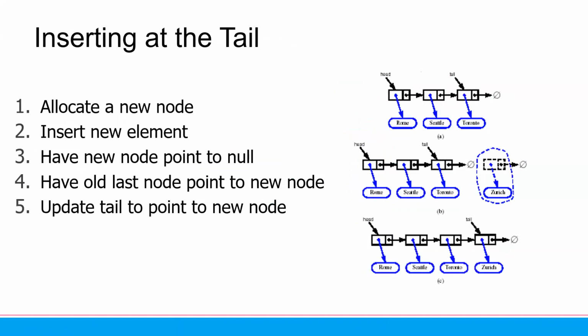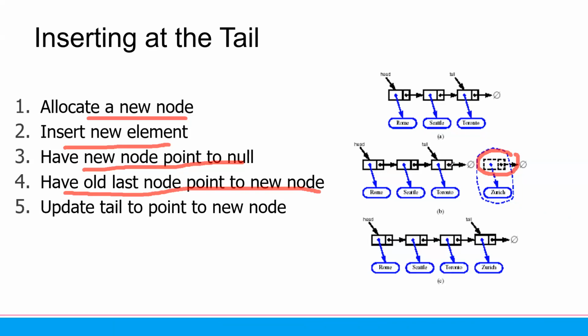How if we want to insert at the tail? Yeah, it is the same. We can allocate a new node, make a new node, and then insert a new element and have the new node point to null. So the new node now points to null, and then we have the old last node point to the new node.